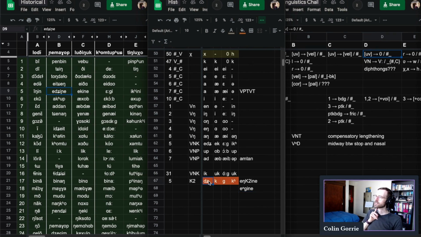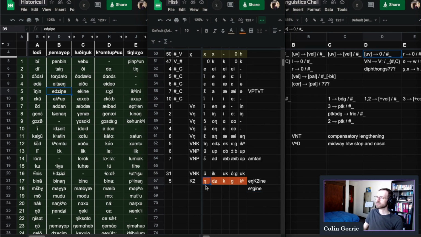Does a pre-nasalized stop make sense going nasal? Yes. Voiced? Yes. Voiceless? Maybe after a chain shift or something like that. Aspirated? That seems a bit off to me. A pre-nasalized stop becoming an aspirated stop doesn't strike me as the most likely thing in the world.